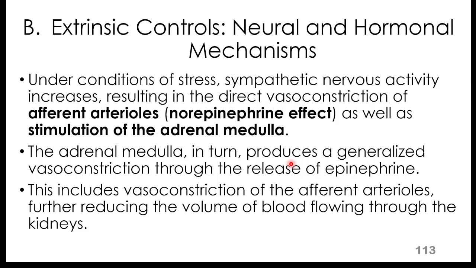Okay. Now, under conditions of stress, we know that sympathetic nervous activity will increase, right? So this will be a general increase in sympathetic nervous activity in the whole body, and it will also affect the kidneys, as we've discussed in the last slide. All right.